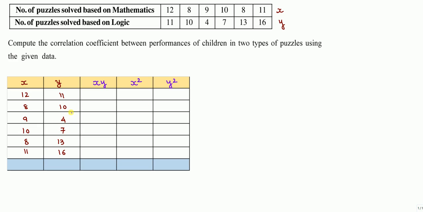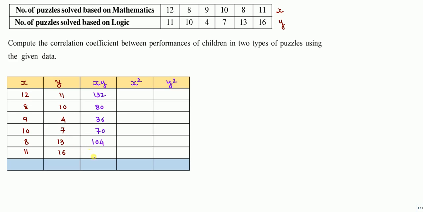First, the product of x and y, the product of these 2 columns: 12 into 11 gives us 132. Then 8 into 10, 80, 9 into 4, 36, 10 into 7, 70, 8 into 13, 104, and 11 into 16, 176.